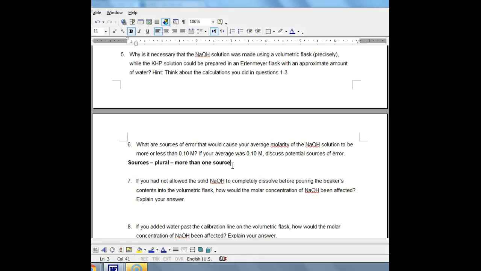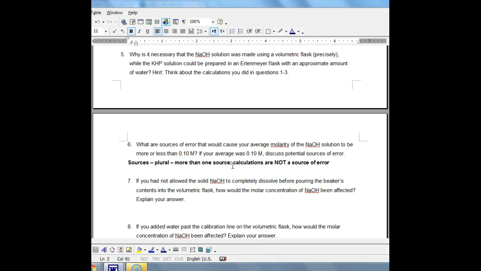Think about what all you did in the lab. Obviously, I prepared your NaOH solution for you, but even if you take that out of the equation, think about what you measured out. Think about what you took measurements of during the lab. Again, calculations are not a source of error, and you will not get credit for calculation mistakes. Think about what you did in the lab.